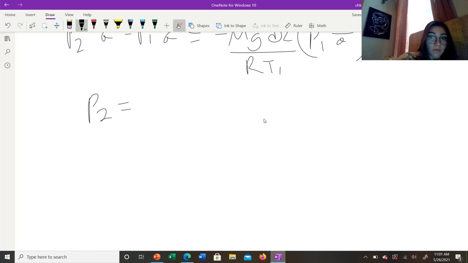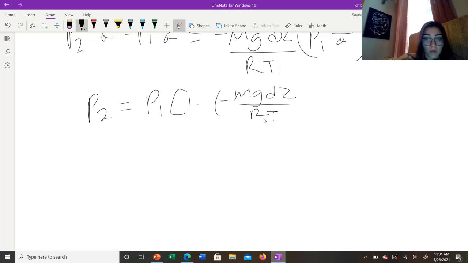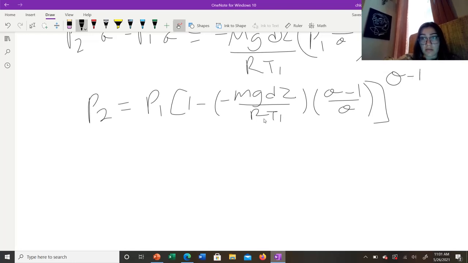P2 equals P1, 1 minus negative mg delta z over r T1 times gamma minus 1 over gamma, and all of that is to the power of gamma minus 1 over gamma. Perfect. This is what we were trying to find. So this is our one equation that relates to pressure.